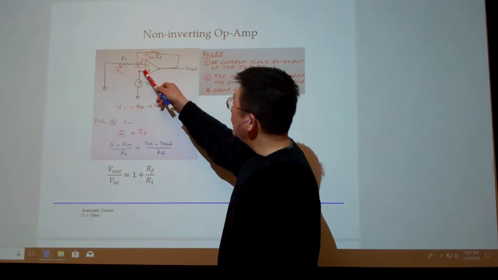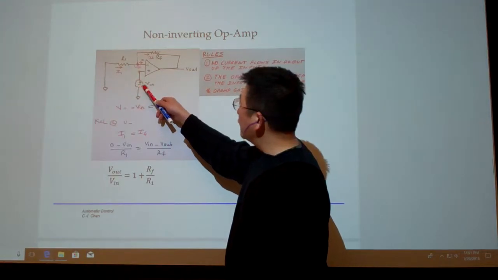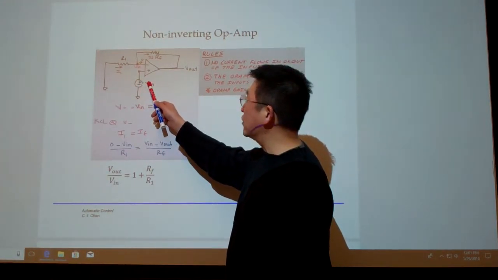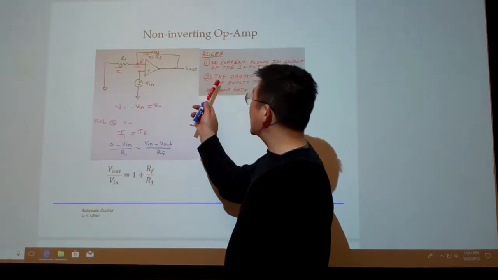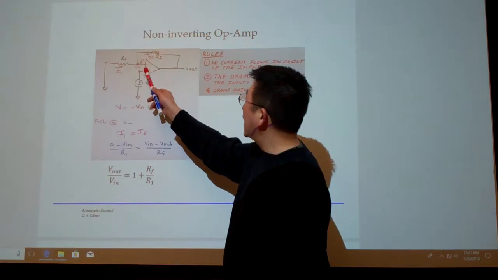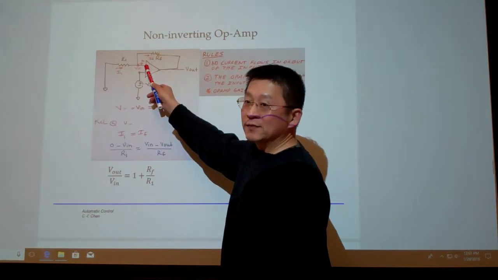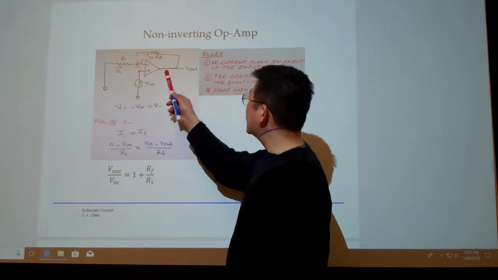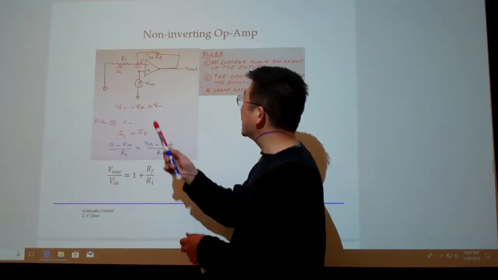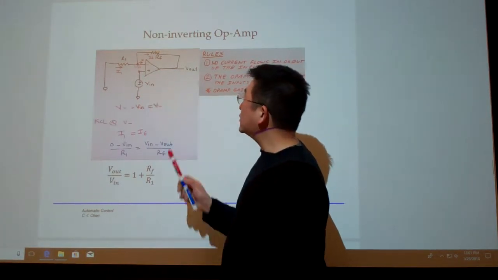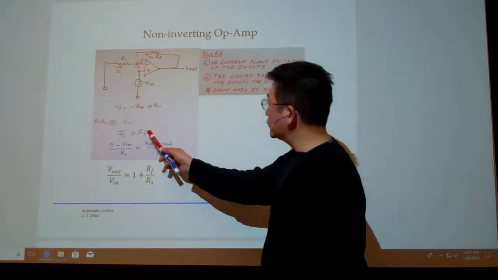Because this voltage is equal to this voltage, and here is our voltage supply, we call our supply voltage V in, the input voltage. Because of the second rule, this is V in, so therefore this also is V in there. So we apply the second rule to determine that at this point, the voltage is V in.